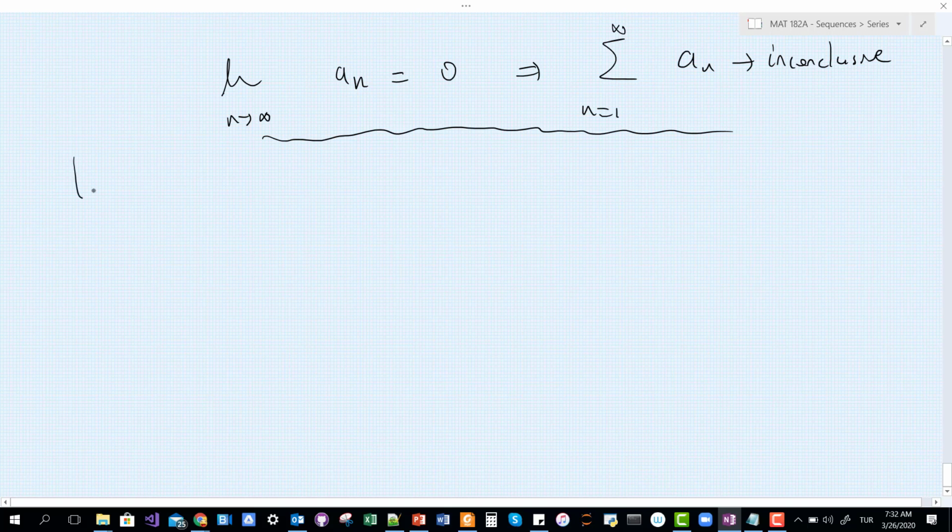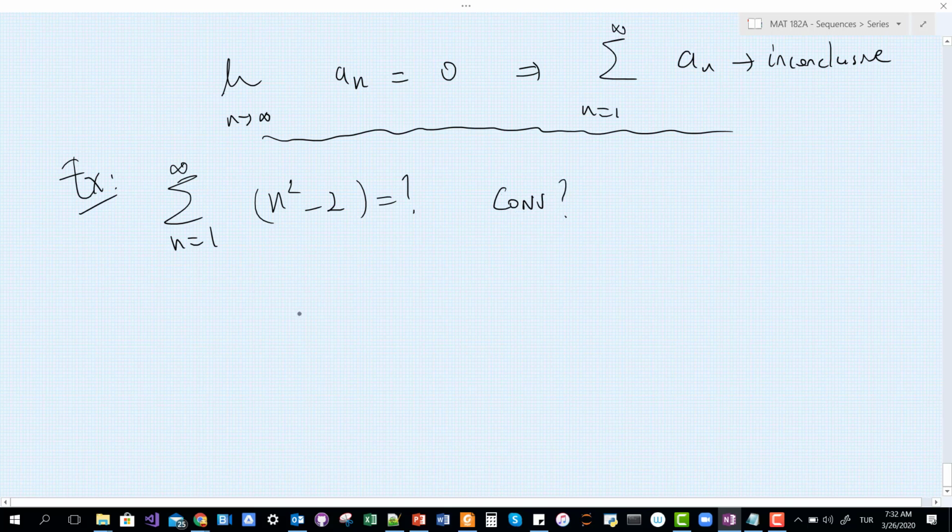The first example would be this one. Sum from n equals 1 to infinity of n squared minus 2. So, is it convergent or divergent? That's my question. We have two tools, right?